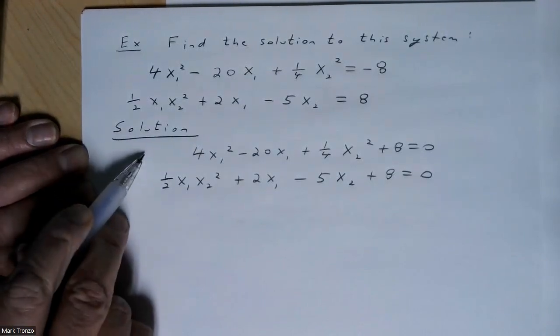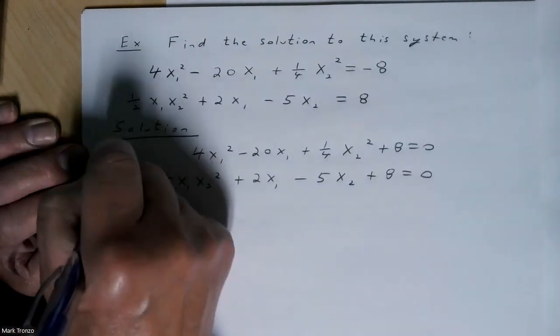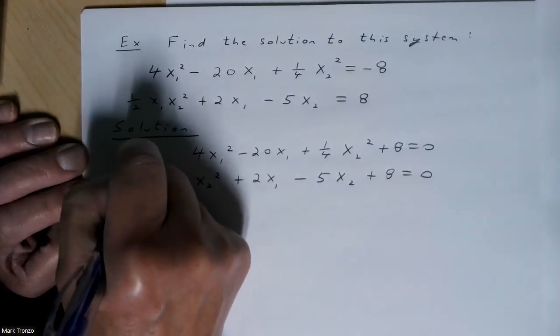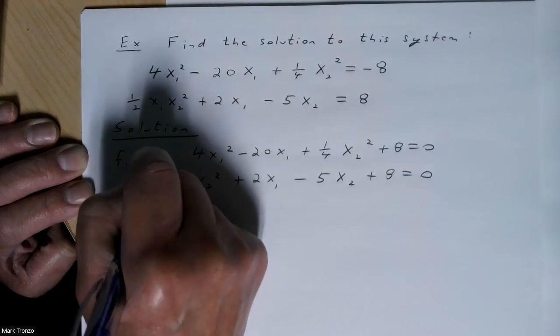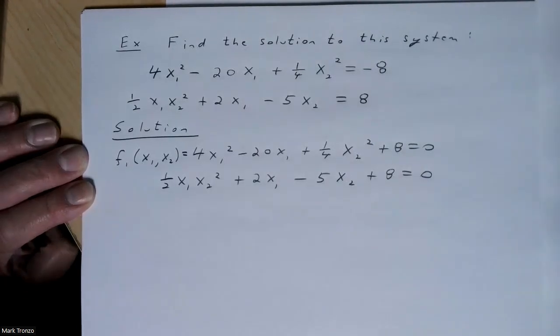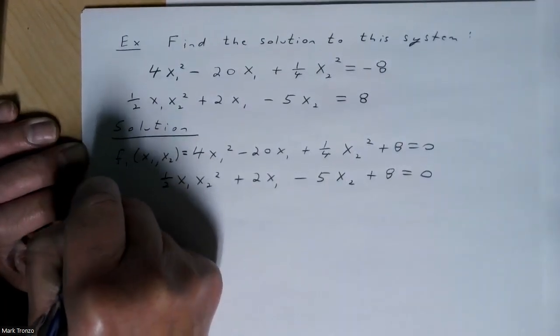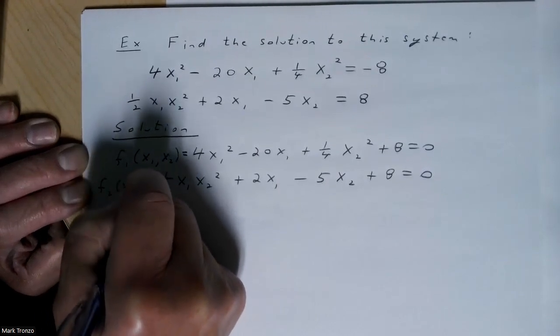And this is going to be our function 1 and our function 2. So let me call this f1 of x1, x2, and this our other f2 of x1, x2.